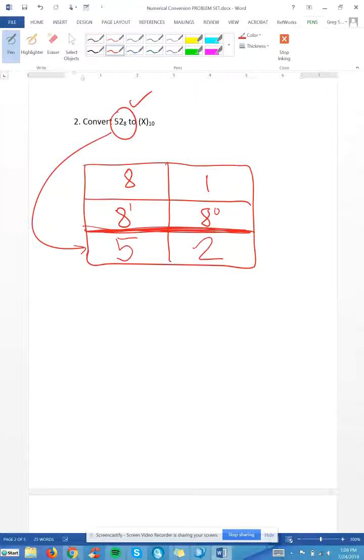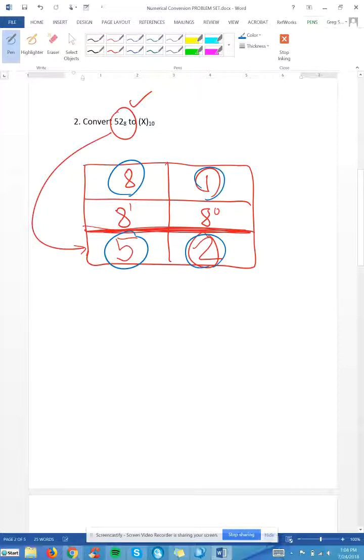Since we're talking about the associative property of math, if we start with the 5 or we start with the 2, it doesn't really matter. It does say multiply the column weight by the column value. I'm going to change the color to blue, and let's do that again.